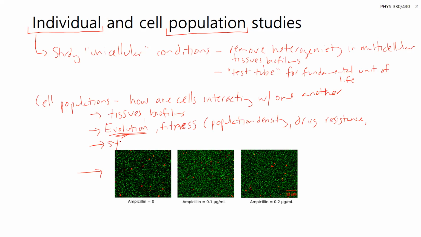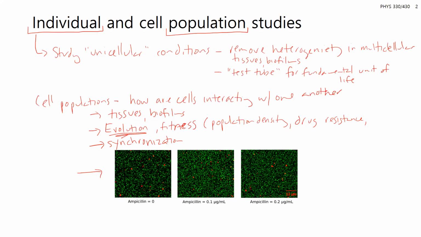And even with cell populations, you'll also see studies focusing on synchronization. So how do they, again, interact and work with one another? If one cell makes a change, does it influence its neighbors? Does this change over time? Those are some of the areas of research in cell population studies.